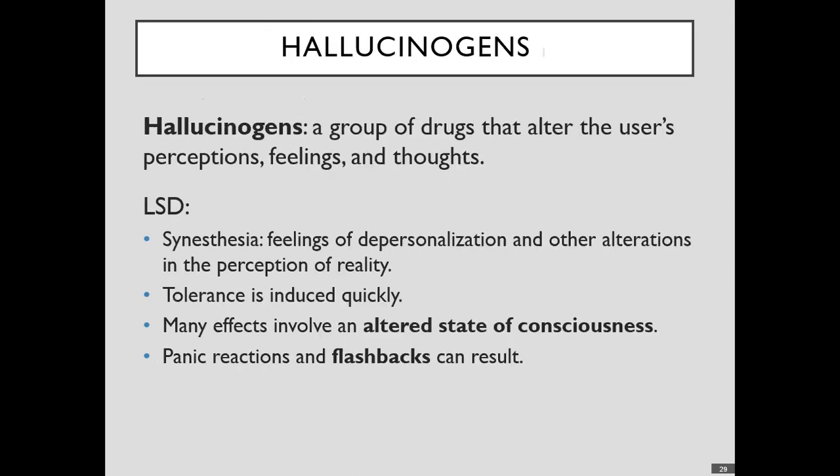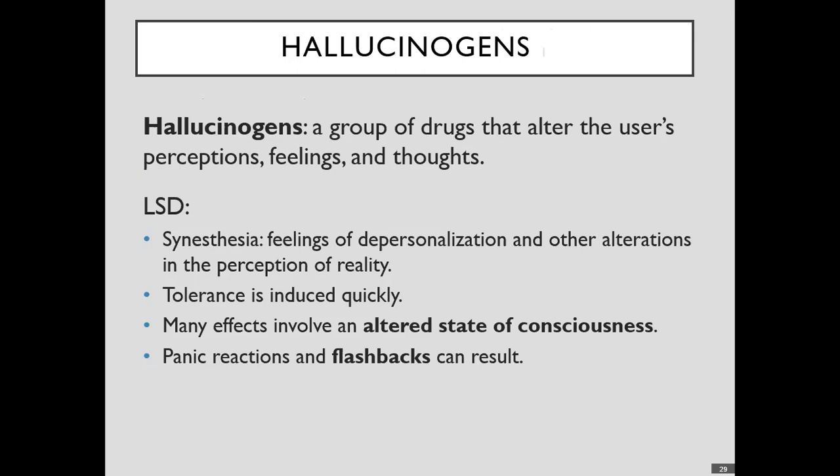So next is hallucinogens, and hallucinogens are drugs that alter the user's perception, feelings, and thoughts. So LSD is probably the most used hallucinogen, and it produces very powerful results in the form of altered sense of time, visual disturbances, improved hearing, changes in mood, distorted body perception, dilated pupils, dizziness, weakness, and nausea.